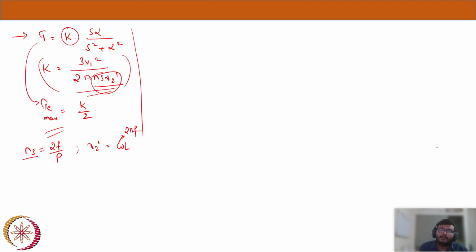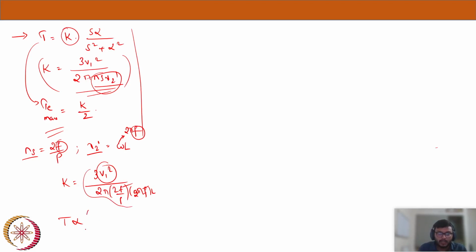Now if I substitute that, K is equal to 3V1 square divided by 2 pi into 2f by p, and, sorry, 2 pi f into L. Now we can see that my torque equation has a V1 square term in the numerator and f square term in the denominator. Apart from that, everything is constant.